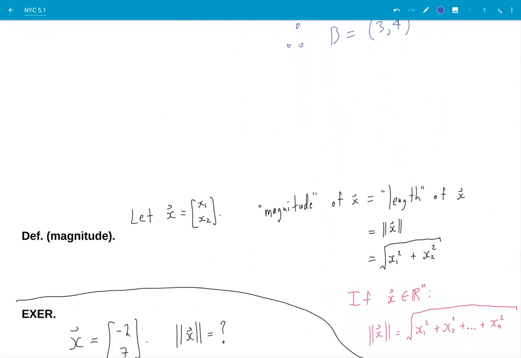Okay, let's just focus here for now. Definition of magnitude. We're going to call this the magnitude of a vector, or the length of a vector. So what we're doing here, if I may draw a little picture up here, you have a vector x, and you have x2 here.